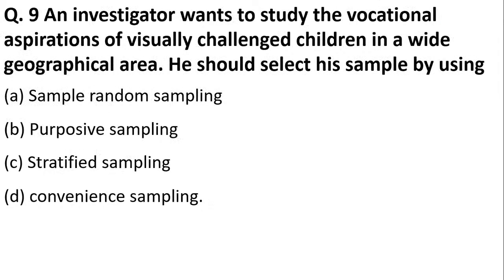Next is an investigator. Investigator means actually a researcher only, they've just used a different term. An investigator wants to study the vocational aspirations of visually challenged children in a wide geographical area. Random sampling, purposive sampling, stratified sampling, or convenience sampling.